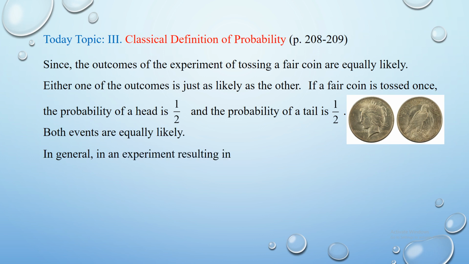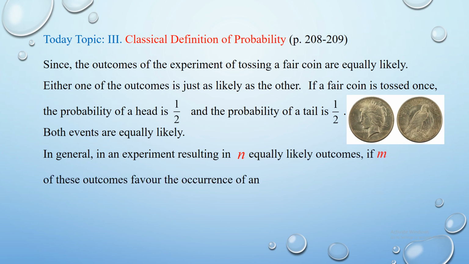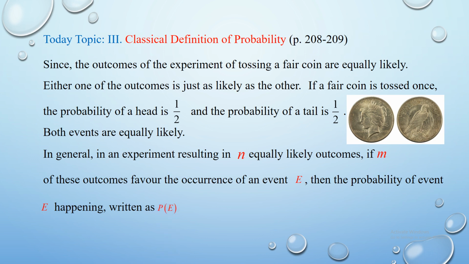In general, in an experiment resulting in n equally likely outcomes, if m of these outcomes favor the occurrence of an event E, then the probability of event E happening, written as P(E), is defined as below.